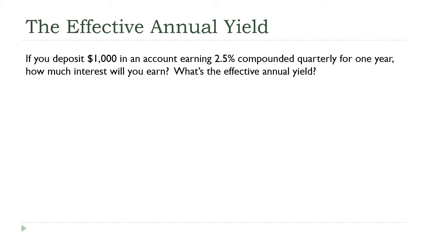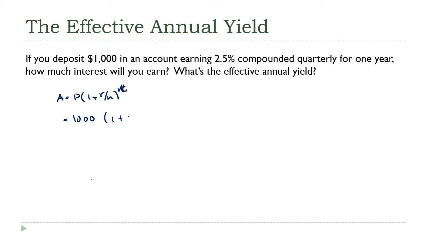All right, well, the first question, how much interest will you earn? This is just a basic compound interest calculation. The future value is going to be P(1 + r/n)^(nt). P is 1,000.